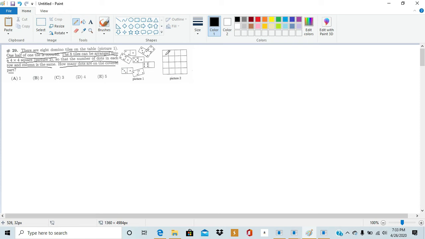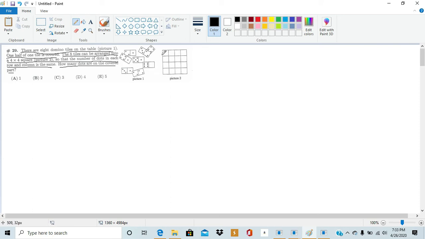And we realize that the sum of the dots in each of these 4 columns and 4 rows, well, each of these dots will be counted twice. This square could be counted like this along this row, or like this along this column. So that already sets up for something interesting.